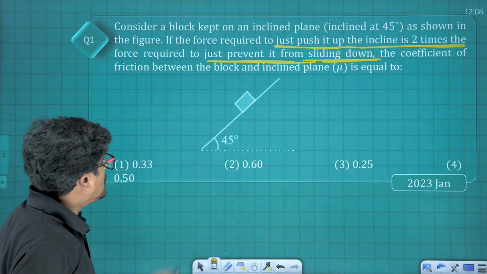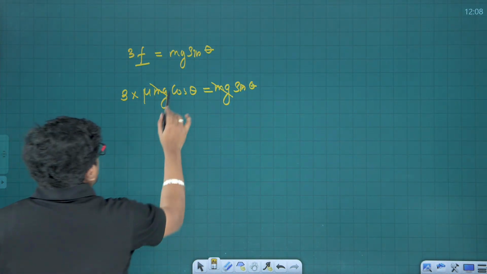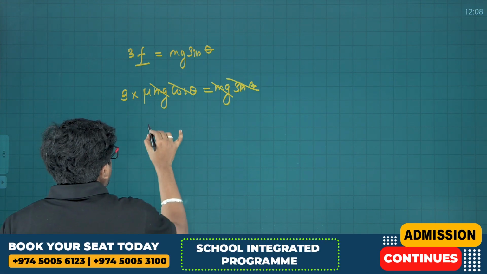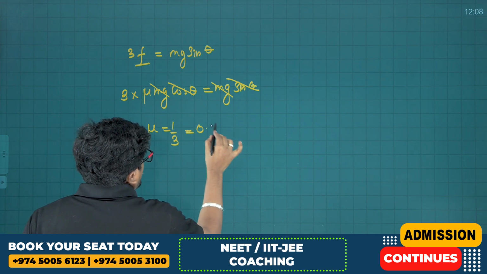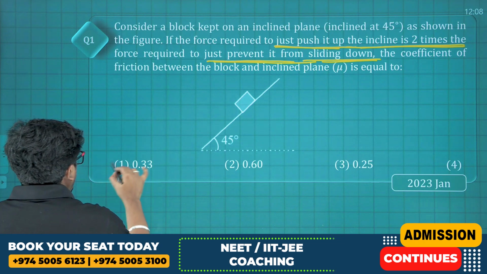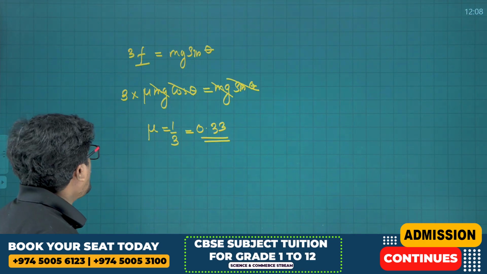And here have a look, theta is 45 degree, so cos 45 and sin 45 also will cancel. Now from here I can say that mu is equal to 1 by 3, that is 0.33, which means option A must be the correct answer. Is that okay? Now let's move to the next.